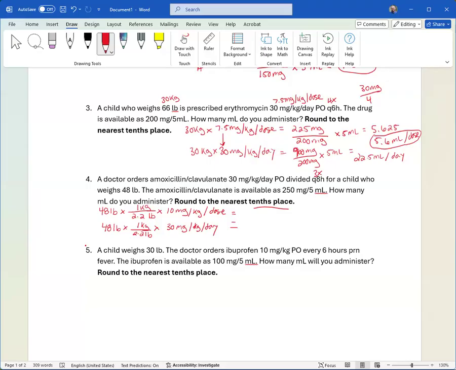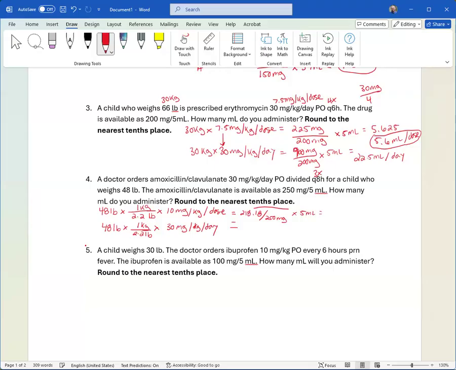So if I take the 48 divided by 2.2 times 10, I'm going to get 218.18 repeating. I'm not going to write it all out, but then I'm going to divide by my available, the 250, times my quantity.